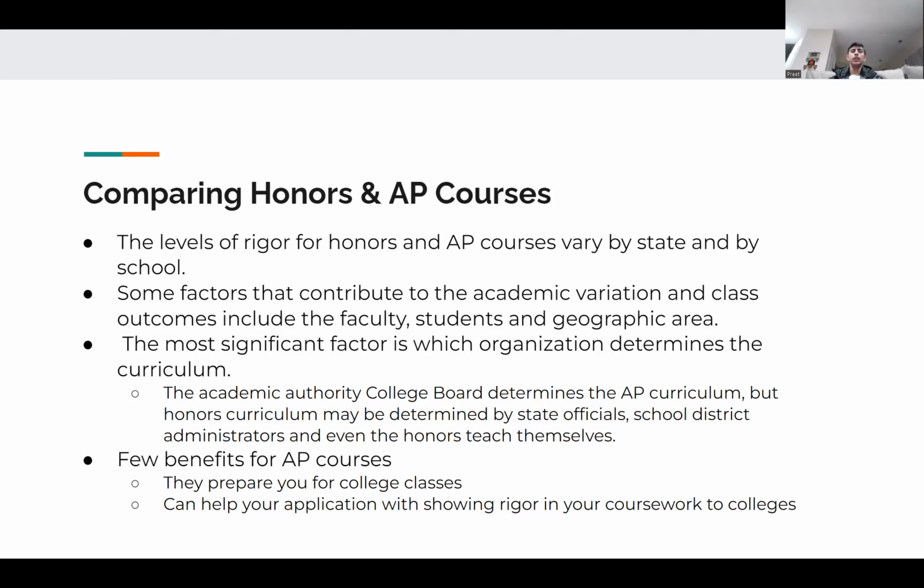The curriculum in itself is much more in depth, and I would say much harder than a regular course or an honors course. However, a few benefits of taking an AP course are: 1, it helps you prepare for college; 2, it's good for your college credit; and 3, it shows rigor.